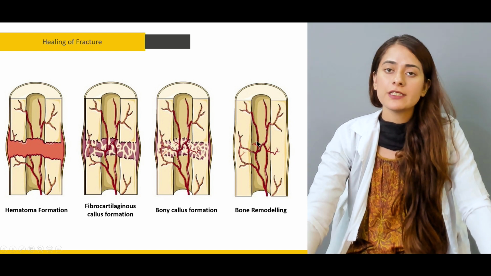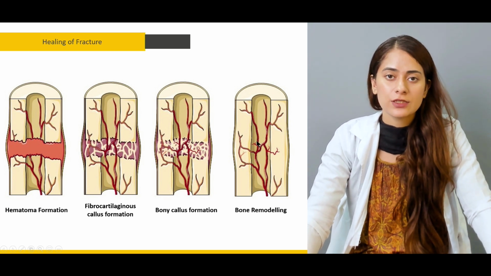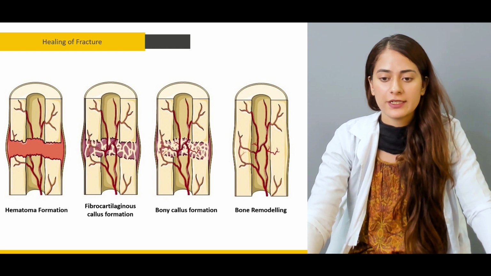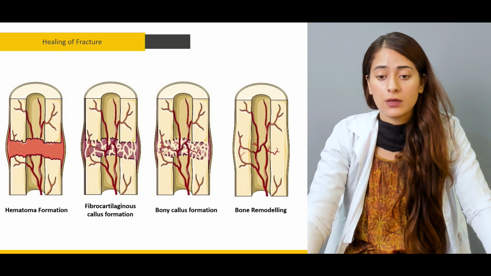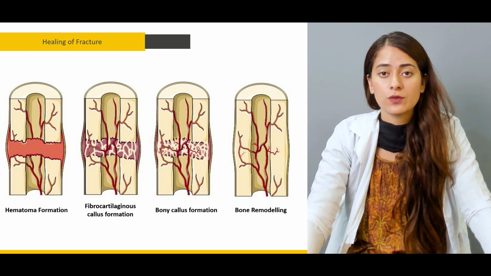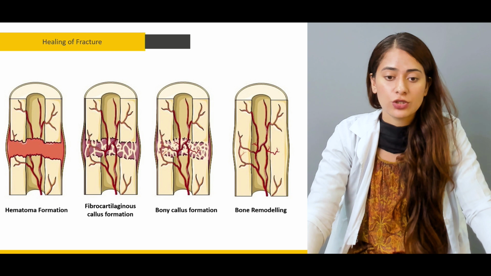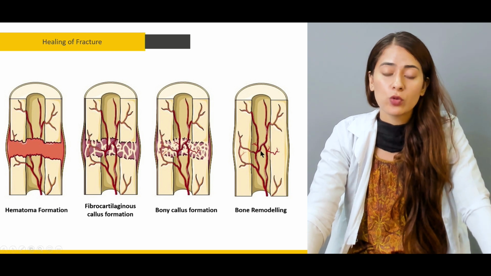The normal healing process is said to be 6 to 12 weeks, but it can take longer, and there can be some complex conditions in which there has to be some surgical intervention to promote the healing process.